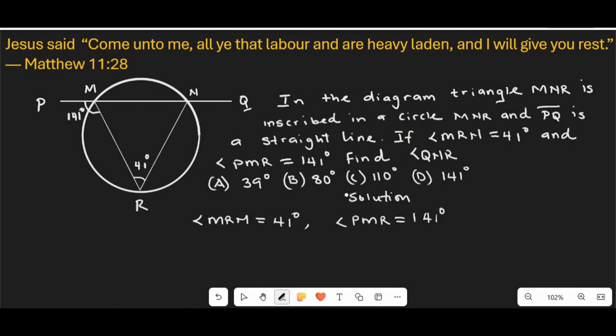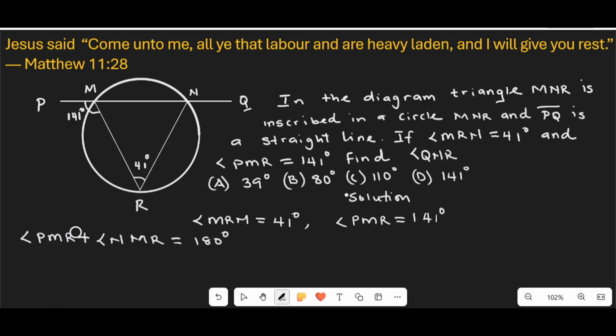So we can say angle PMR plus angle NMR equal to 180 degree.